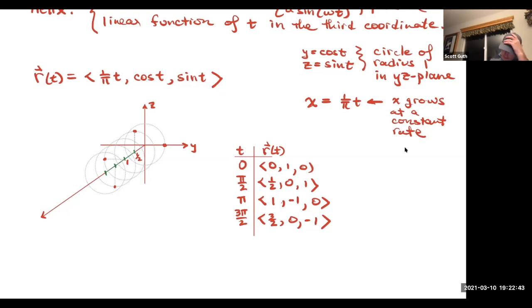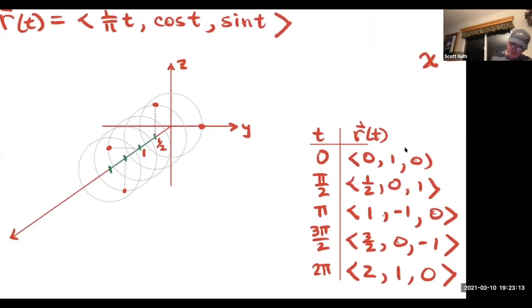So the last one is at 2 pi, where x is going to be 1 over pi times 2 pi, so that's just 2. Y is cosine of 2 pi, which is 1, and z is sine of 2 pi, which is 0. Okay, so 2, 1, 0. So let me put in some more info here.